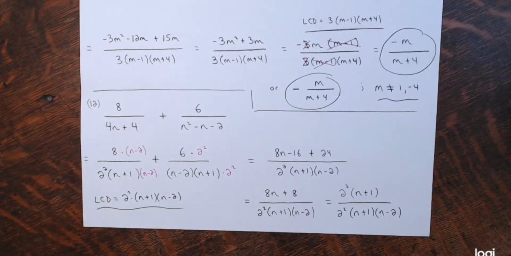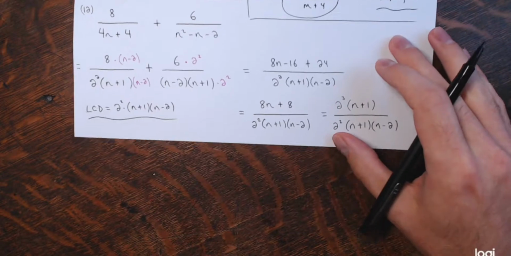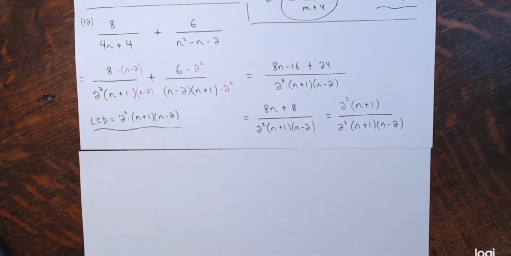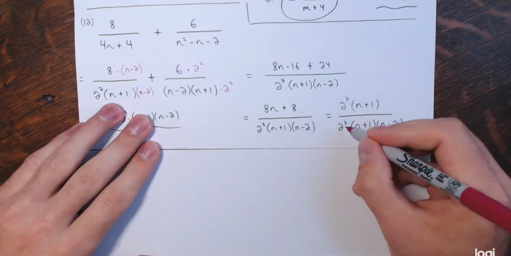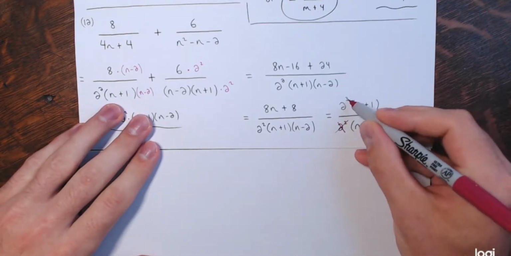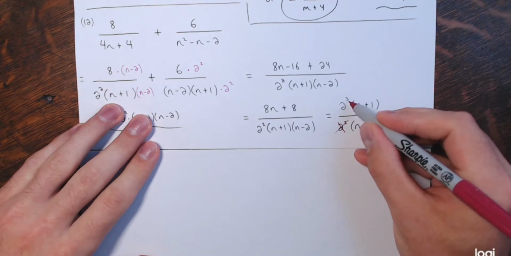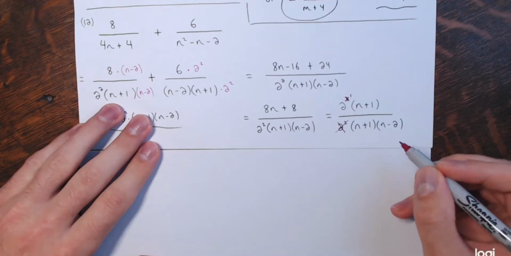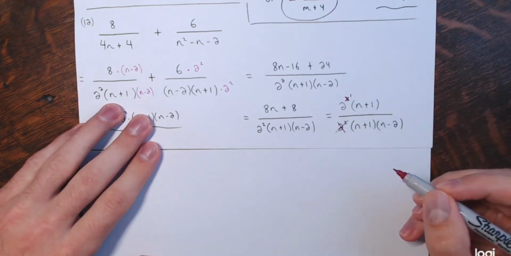And I'm seeing some common factors in the numerator and denominator. Those common factors are, well, there's 2 2's in the denominator. There are 3 2's in the numerator, 2 cubed. So 2 of those will go away, leaving me with just 2 left over in the numerator.